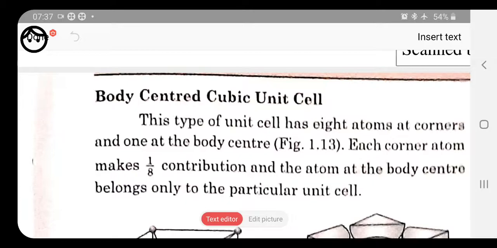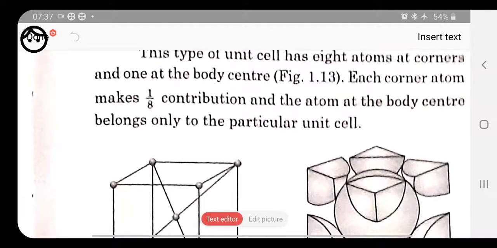Along with the corner, in a body centered unit cell, a constituent particle is also present at the center of the body. First we take the corner. For the corner we have one, because at the corner 8 constituent particles are present, and each gains a 1/8 part. So it is the same as the first one, that is one atom.